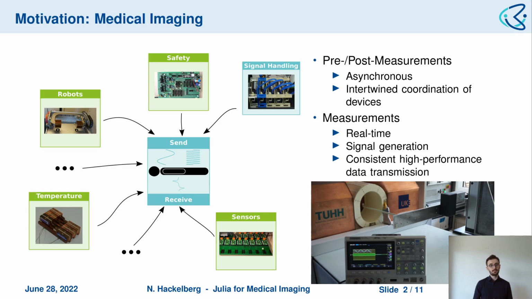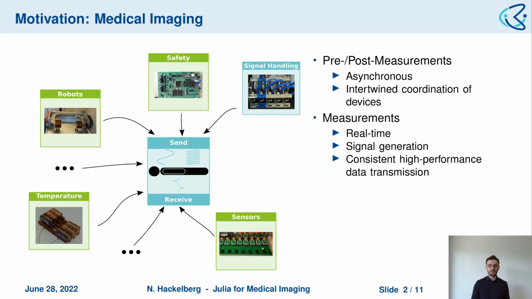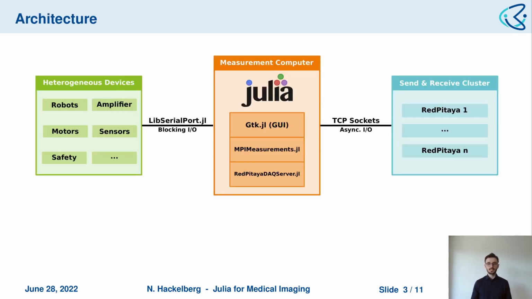But when we need to perform hundreds of measurements, it's really beneficial to intertwine this coordination, which can save hours of scanner time. And during the measurements themselves, we are operating under real-time requirements, especially for the signal handling. And here it's important to have a consistent high-performance data transmission so that none of the signal we actually want to receive is lost.